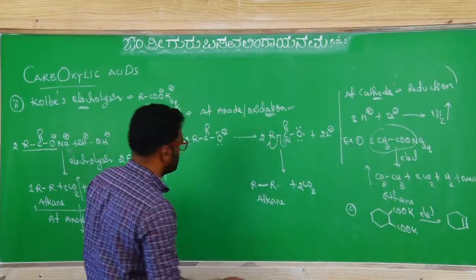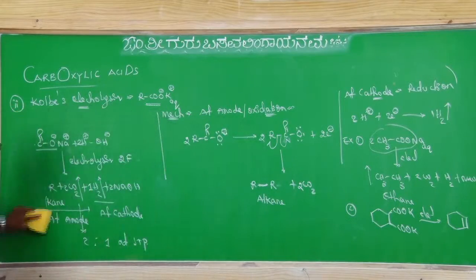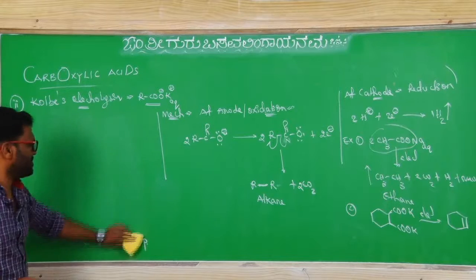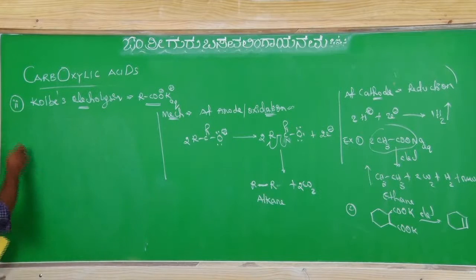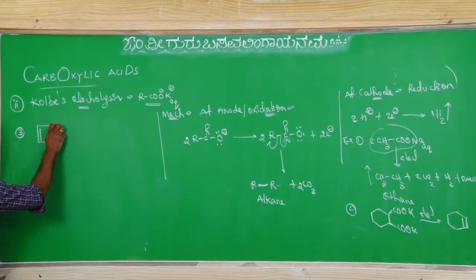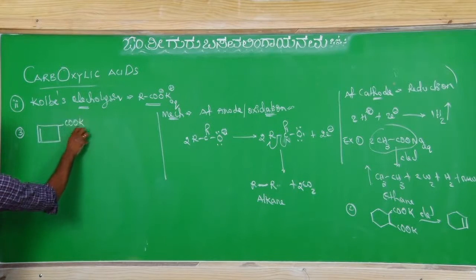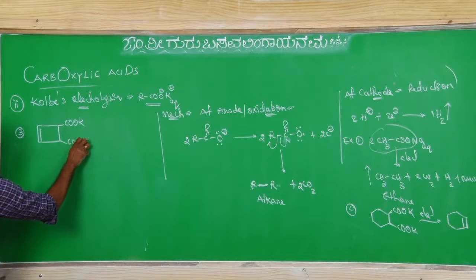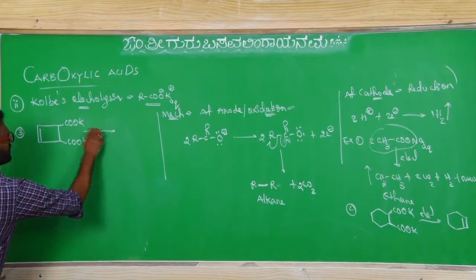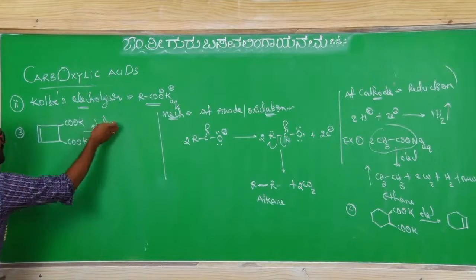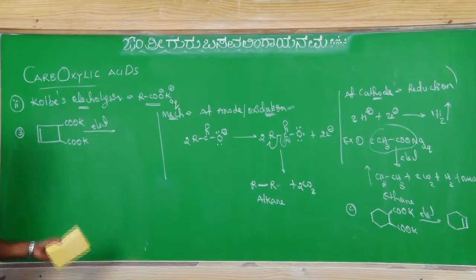Let me ask one more question. Dicarboxylic acid: here if you take this cyclobutene dicarboxylic acid, if I do the electrolysis of this compound, what product will I get here? Can you guess it?